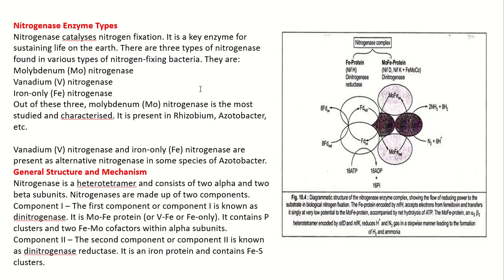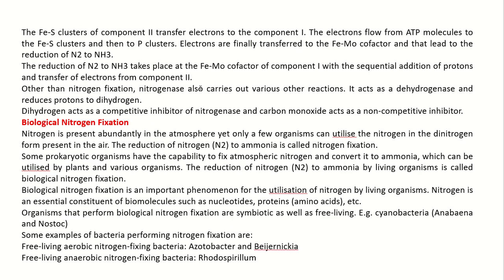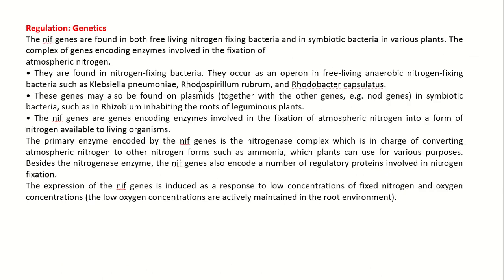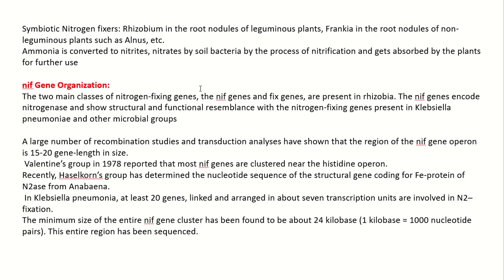The general structure and mechanism: a heterotetramer consists of two alpha and two beta subunits, the MoFe protein component of nitrogenase, and dinitrogenase reductase. This is all about biological nitrogen fixation. You can read. The next topic we will take afterwards.